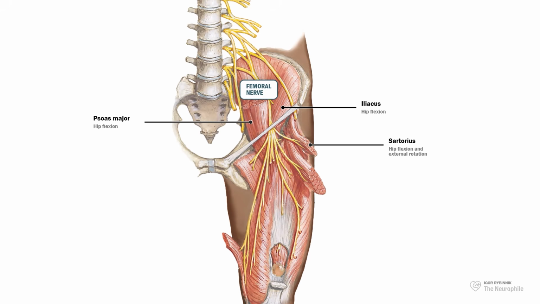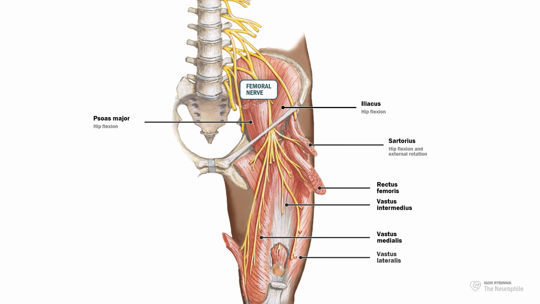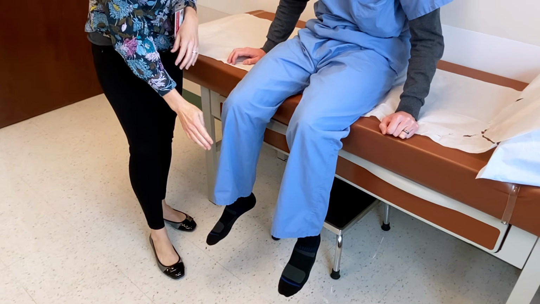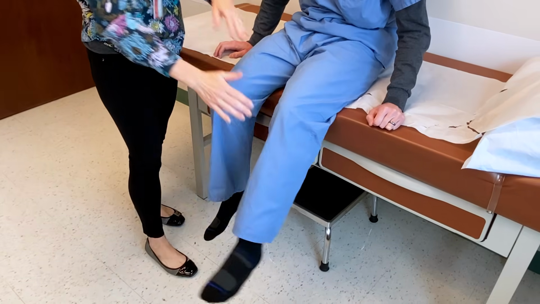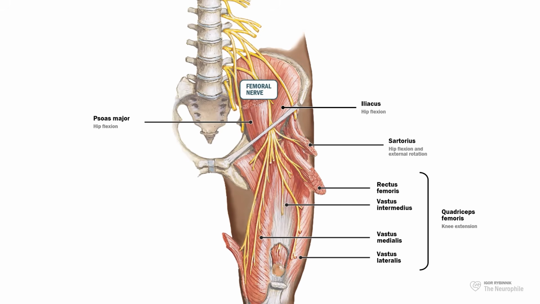But what is the femoral nerve's real claim to fame? Right, innervation of the rectus femoris, vastus intermedius, vastus medialis, and vastus lateralis. Together, these muscles are the quadriceps femoris group. These 4 muscles extend and stabilize the knee. Basically, they're why you don't collapse every time you stand up.